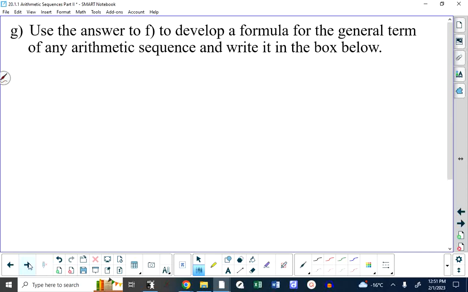And really, the nth term, we said, was found by adding to the first term this many common differences. And that's the formula. That's it. That's a formula that we could have used to solve the problem that Emmanuel asked about.